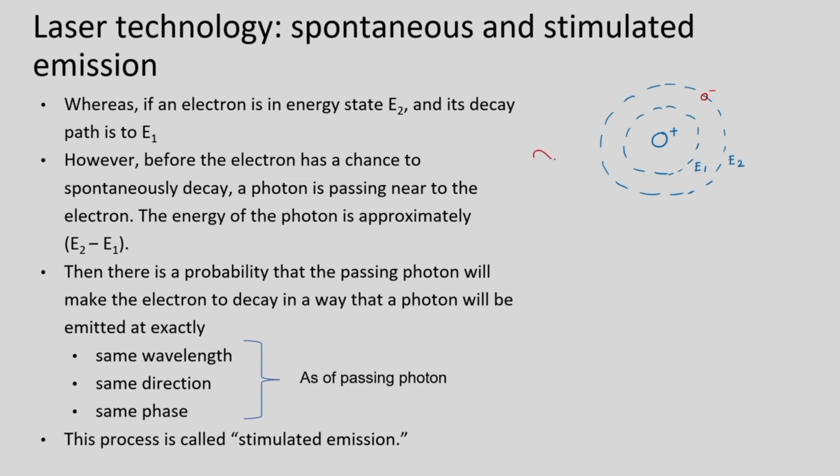Consider there is a photon which is applied, just passing near this particular atom. This is the photon. The photon has a certain wavelength, it has phase, and it has direction as well.